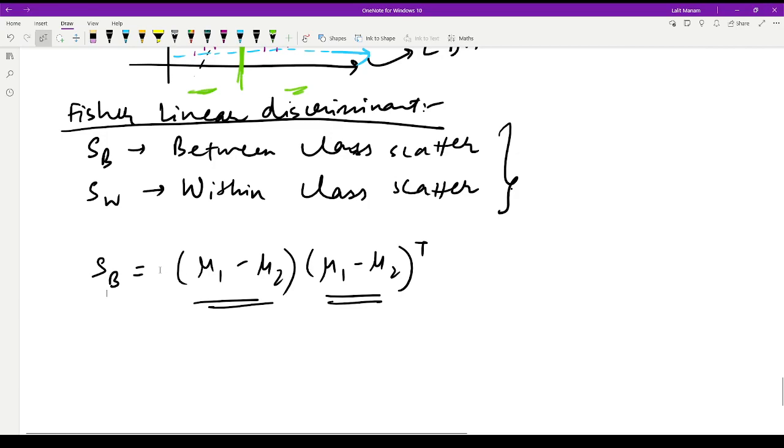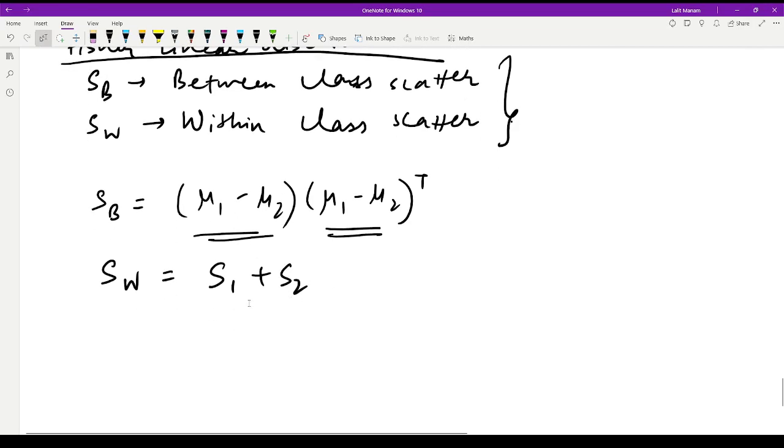That's what we aim for. So this is characterized with the help of the difference in the means. What is within class? It is simply the scatter of the individual classes, and each individual class has a scatter. How do you compute it? It is just the covariance. That's all.